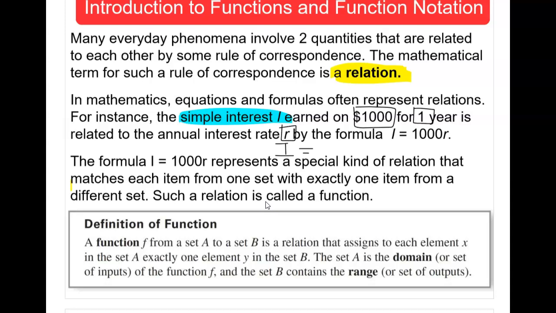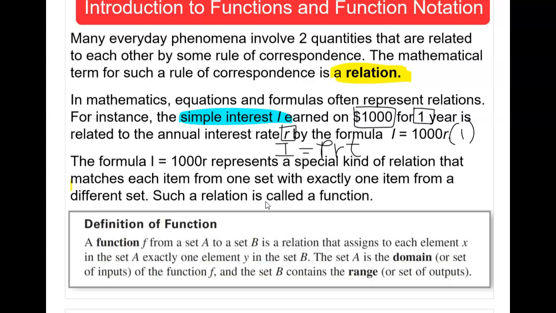So the formula is P times R times T. In this case, because the time is 1, we just see 1,000 times R. And so in this case, we will have to know R.